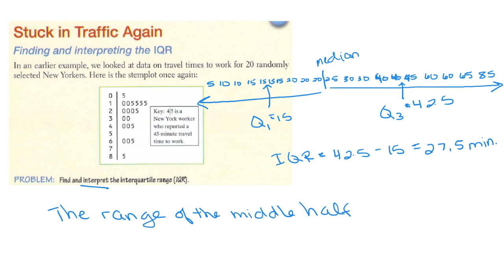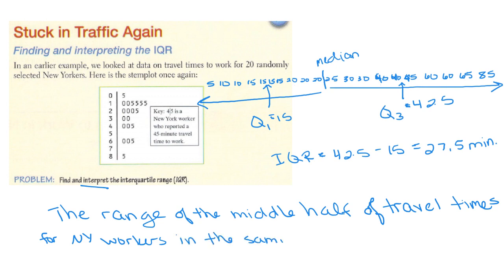So the range of the middle half of, and we have to use our context because we love our context in stats, the middle half of travel times for the New York workers in the sample. Officially, it would be in the sample because we only looked at these 20. We didn't look at every possible New York worker. Is 27.5 minutes. So using our context, using our units, being very specific here at what it is we're looking at.